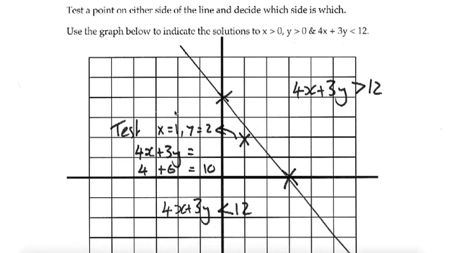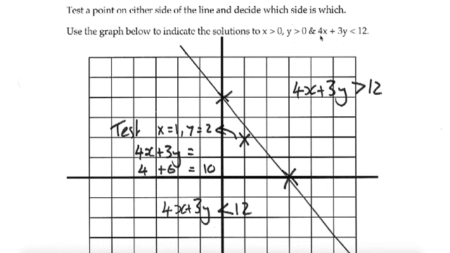So I can shade everything on this side of the y-axis, because that's where x is less than 0, so I don't want it. It's asked me to find where y is greater than 0. So I shade out everything where y is less than 0, which is below the x-axis here. So that's now left me with this quadrant.